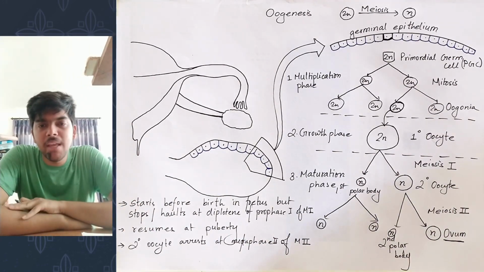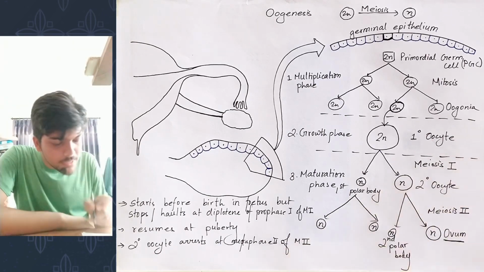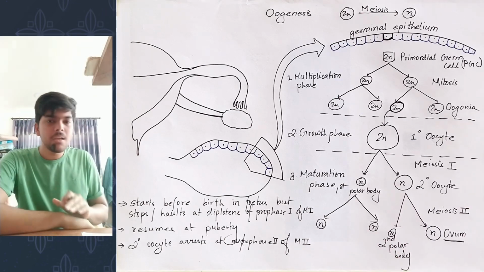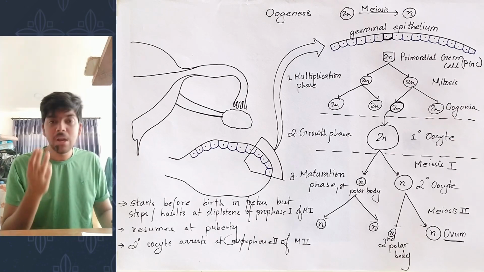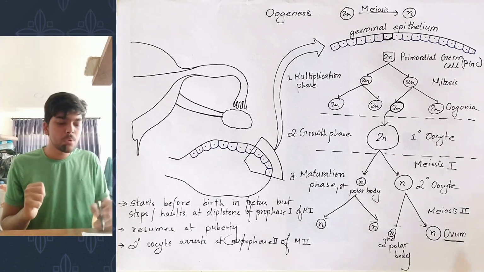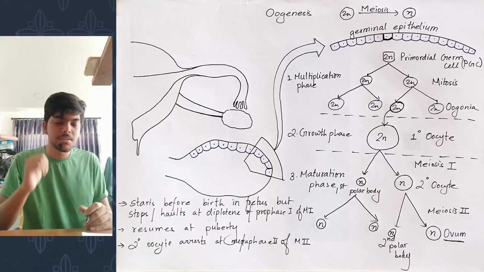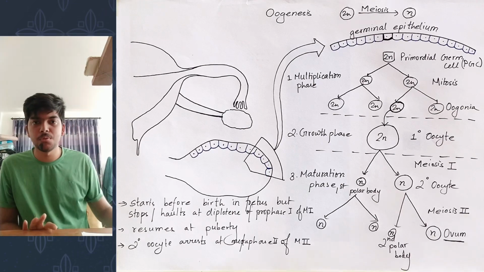Okay, at puberty the game resumes and secondary oocyte formation takes place. Now this secondary oocyte enters meiosis 2. In meiosis 2 there's prophase 2, metaphase 2, anaphase 2 and telophase 2. The process of meiosis 2 again pauses or halts or stops at metaphase 2 of meiosis 2.